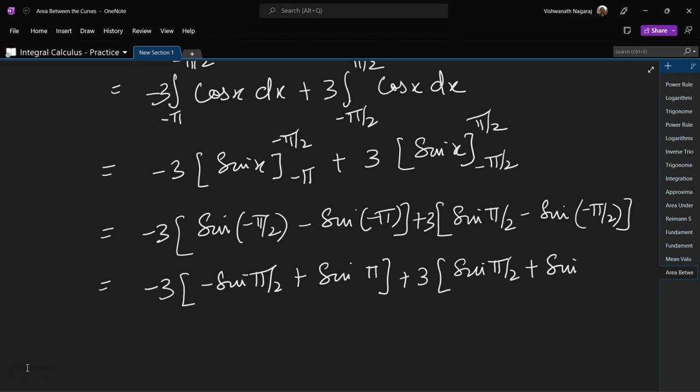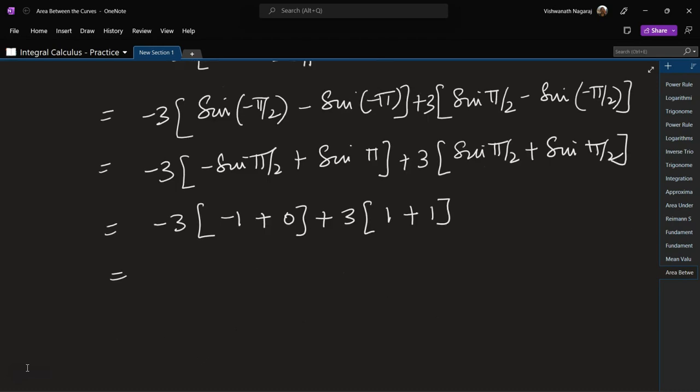Now sin pi by 2 is 1. So minus 3 times minus 1 plus sin pi is 0, plus 3 times sin pi by 2 is 1 plus sin pi by 2 is 1. So we get 3 plus 6, which is 9 square units, is the area between these two curves in the given interval.